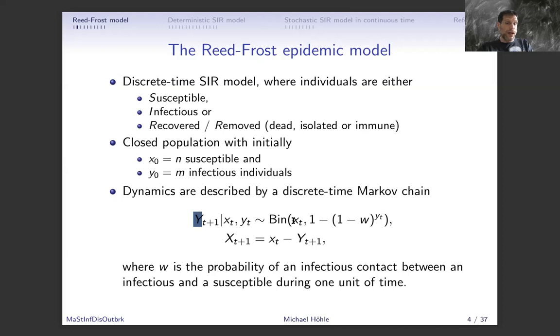For each of the susceptibles, we look at the probability that this individual will be infected in the next time step. This depends, of course, on how many current infectious individuals there are, given that we assume the probability of meeting between two individuals within one generation time is described by W.